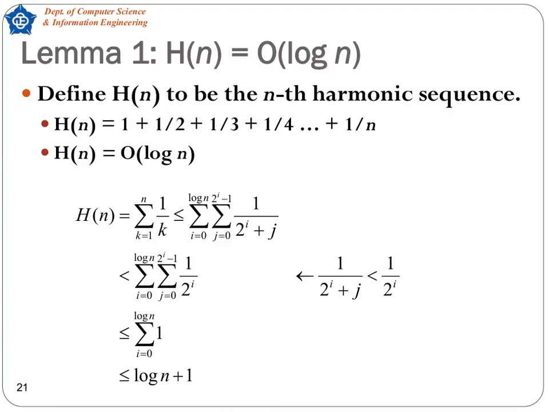In the ith block, which runs from k equals 2^i to k equals 2^(i+1) minus 1, each term is at most 1/2^i, and there are fewer than 2^i such terms, so the entire block sums to at most 1. Adding up all blocks from i equals 0 up through about log n gives a total of at most log n plus 1, which establishes the desired logarithmic bound on H(n).